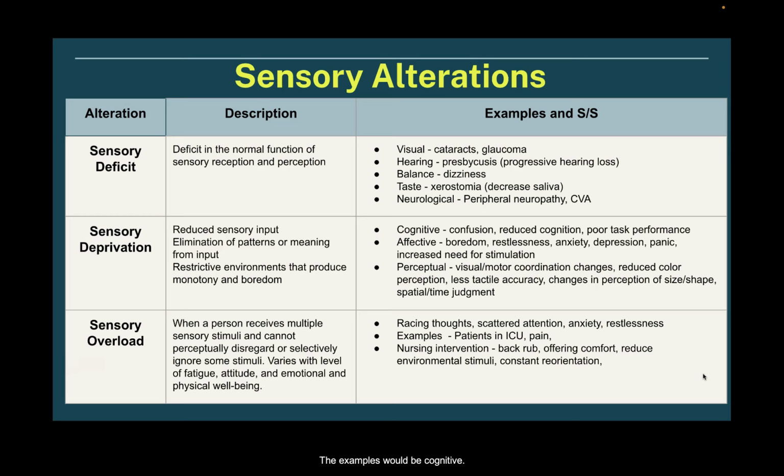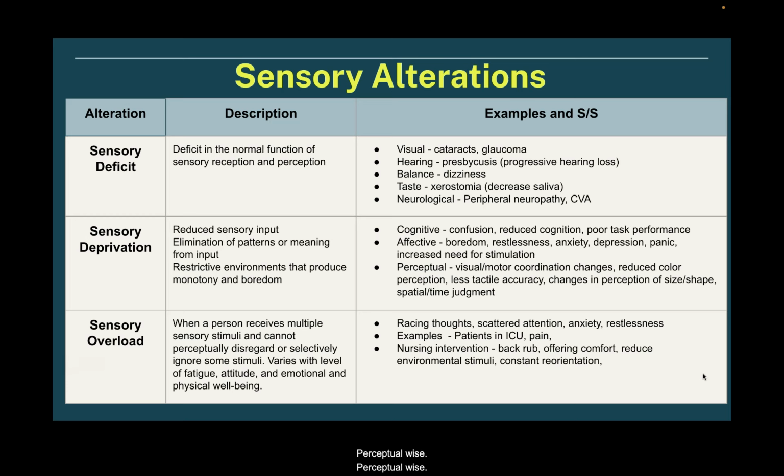The examples would be cognitive, for example, confusion, reduced cognition, poor task performance, affective or boredom, restlessness. You have that increased need for stimulation, right? Because you're deprived. For example, if you isolate somebody inside a room with just plain walls and nothing there to stimulate them, that's called sensory deprivation. You're deprived of sensory stimulation.